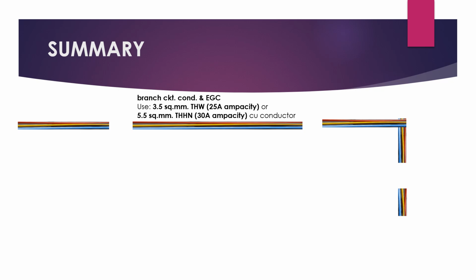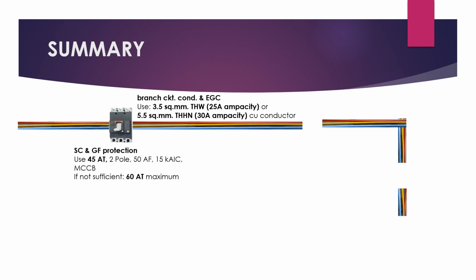So here we have to use either 3.5 square mm THW 25 ampere ampacity or 5.5 square mm PHHN 30 ampere ampacity copper conductor. For the equipment grounding conductor, this was also discussed in my previous video, so just go back and review. It is explained there and it is easy to understand.